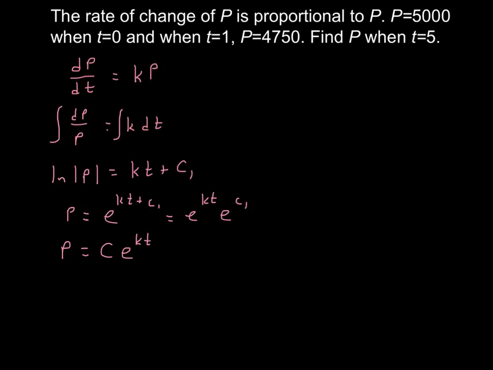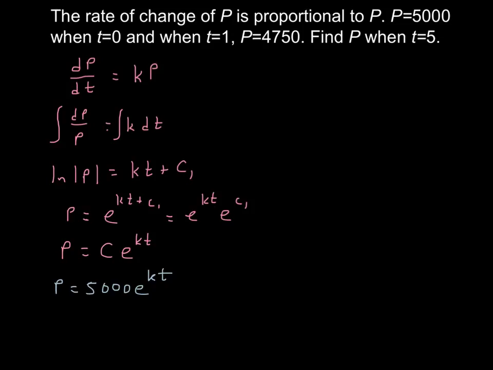From this, I know that when t equals 0, p is 5,000. So I know my initial amount is 5,000. That tells me that in this case, c is 5,000, and so p is going to be 5,000 e to the kt power.